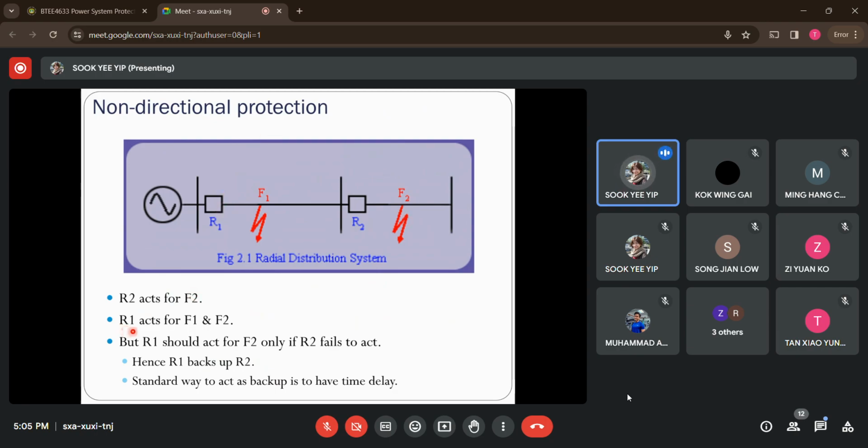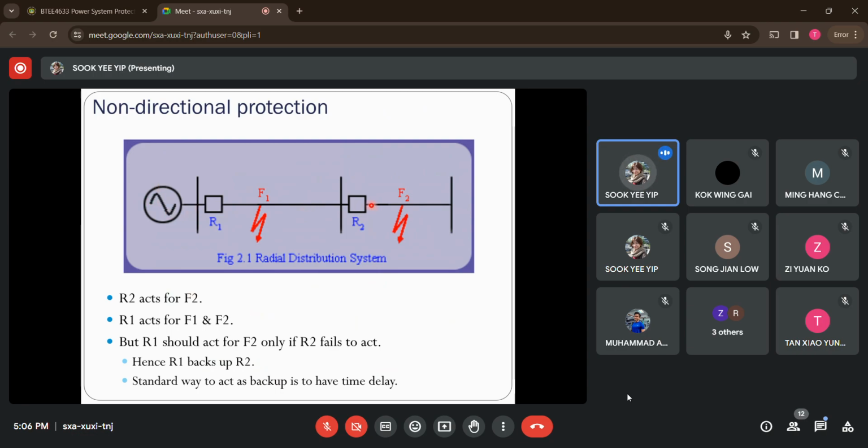That's why it's mentioned here: relay 1 will trip for both F1 and F2, but relay 2 will only be able to trip F2, in the situation where we have the generation source at one side.